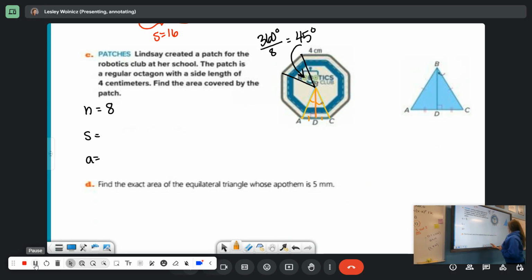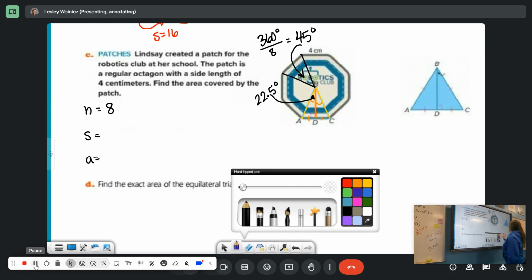So if the central angle is 45, this bisected angle is 22.5 degrees. Okay, so this is where you need your trig. So I hope you paid attention in our last unit.